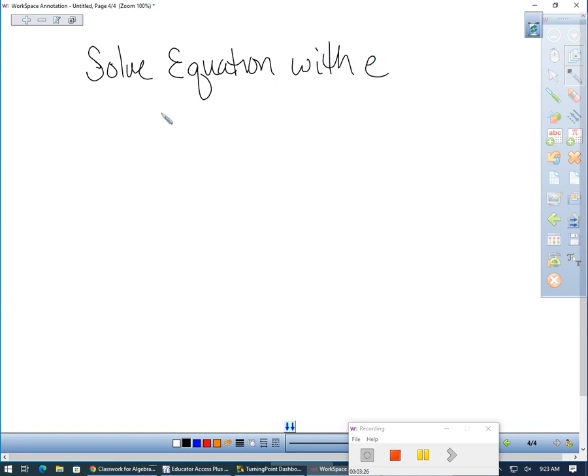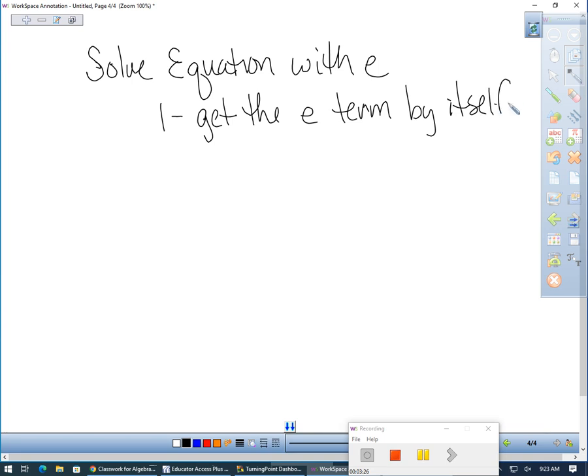All right, so first step, just like always, you need to get the e term by itself. Step 2, place natural log in front of both sides.